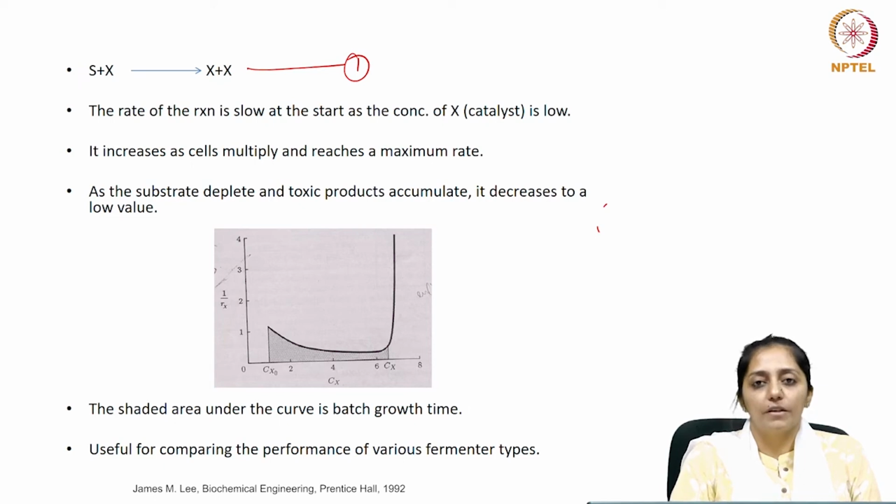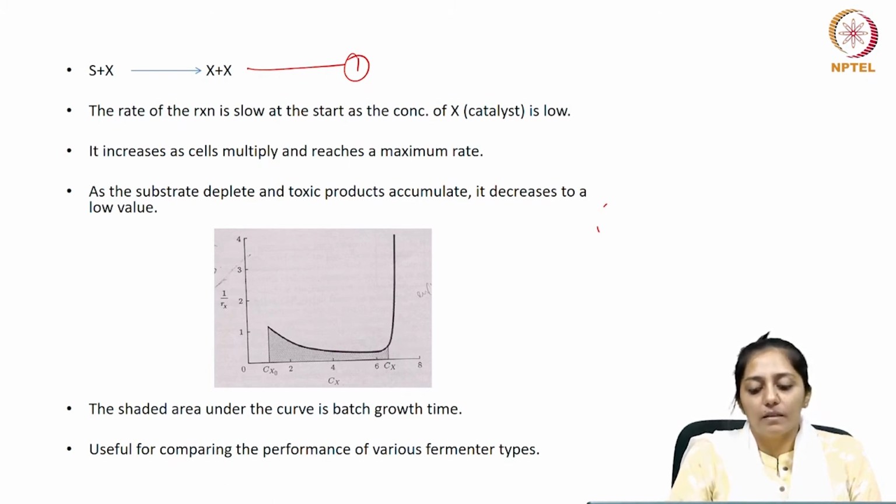The rate of reaction is slow at the start. As the concentration of X, which is the catalyst here, keeps on increasing, the rate of reaction also keeps on improving, until it reaches the maximum rate.